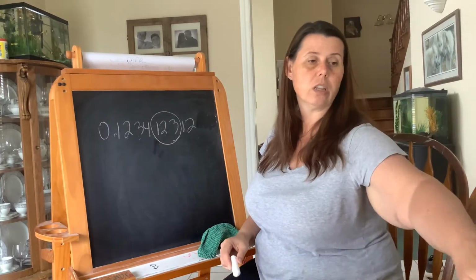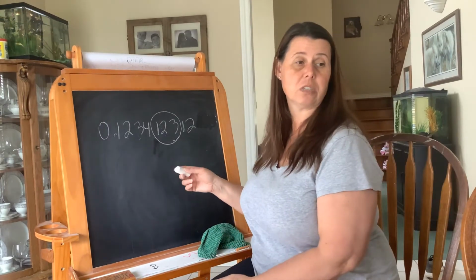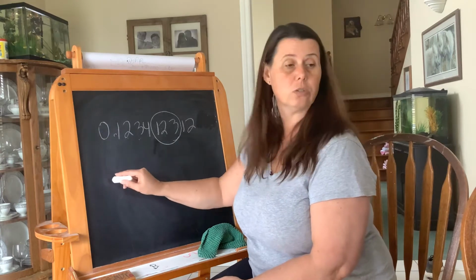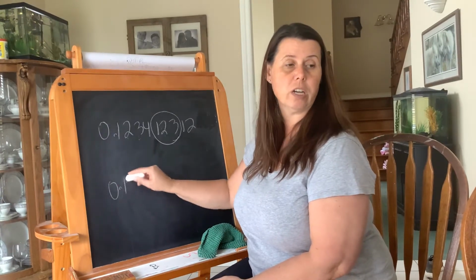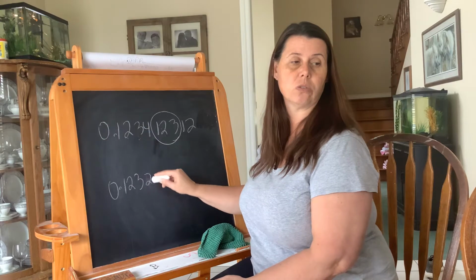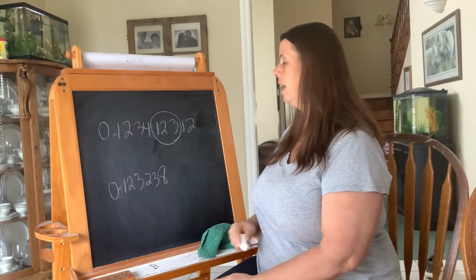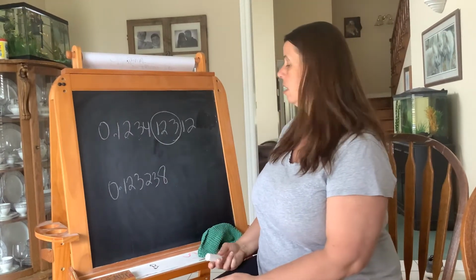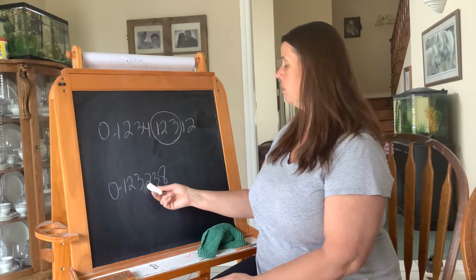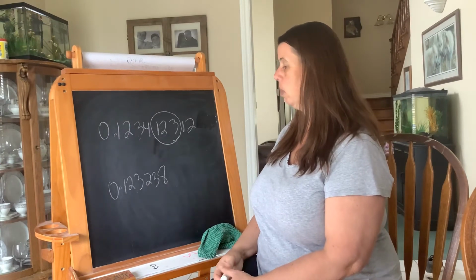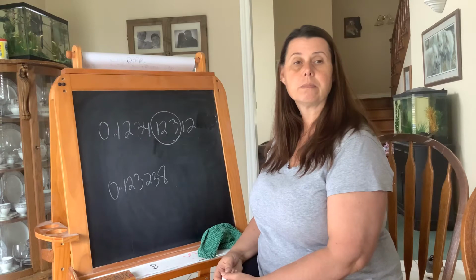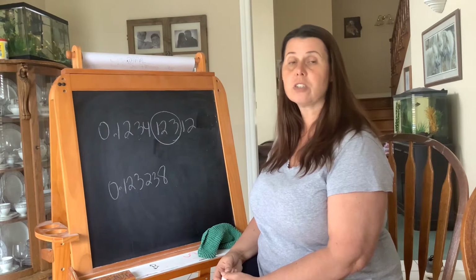Okay? One of the later ones, I didn't even see this one on the math, so I'll do it now. 0.1 2 3 2 3 8. Oh, I know why. Silly me. 1 2 3 2 3 8. What repeats? That's why I didn't circle anything.